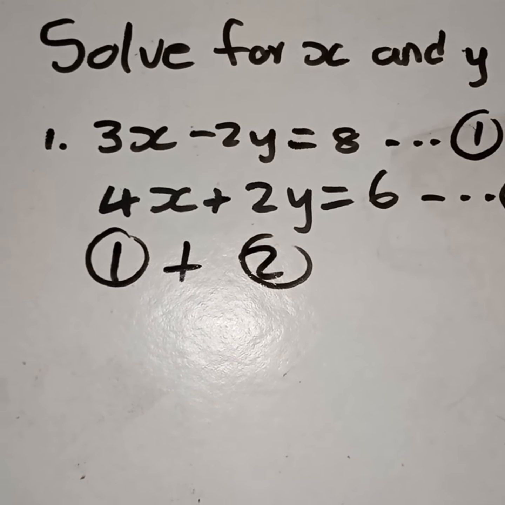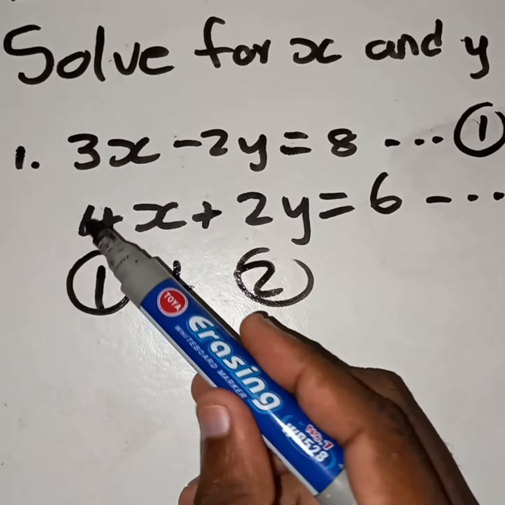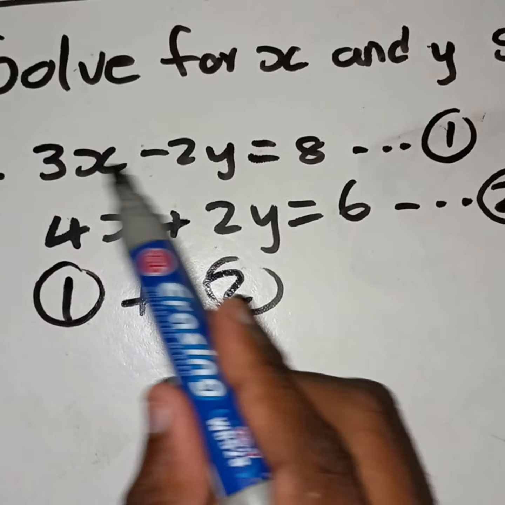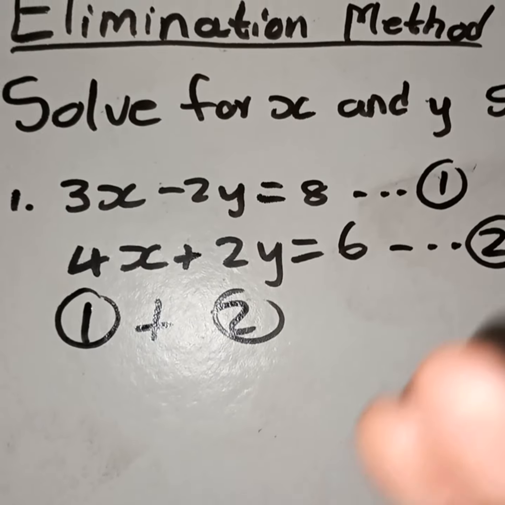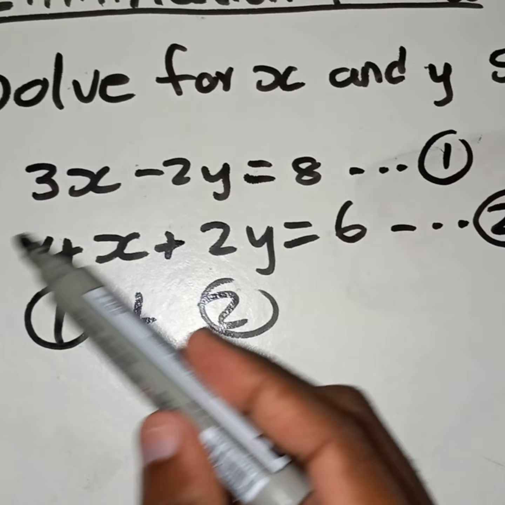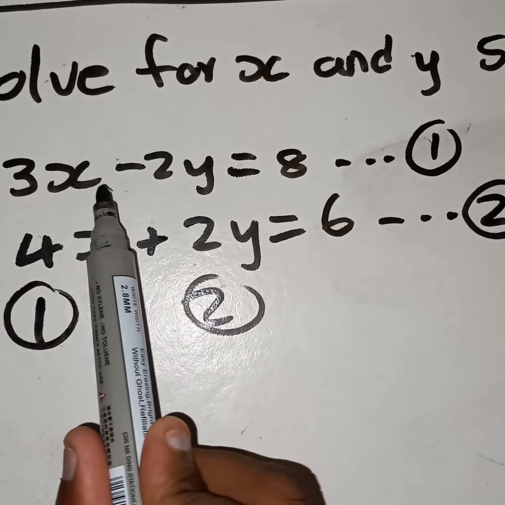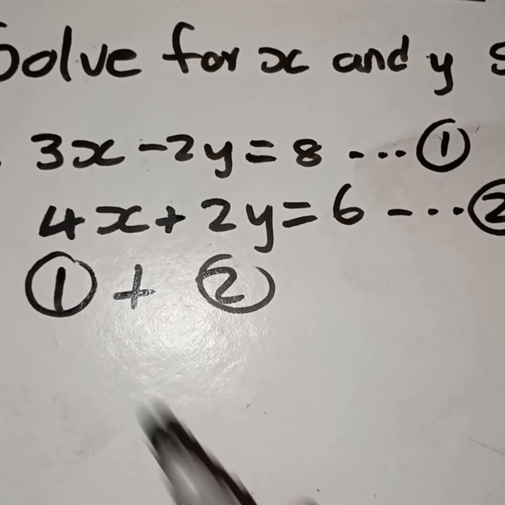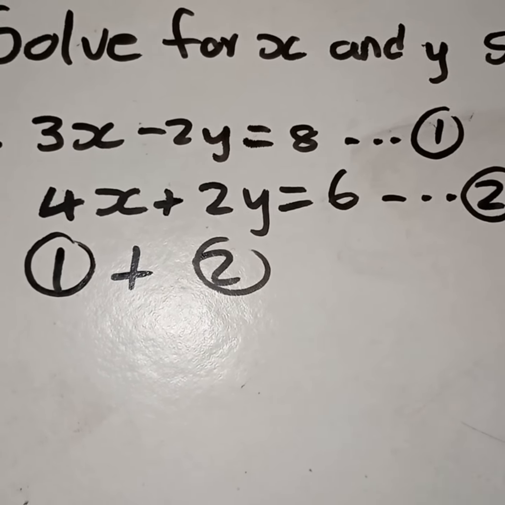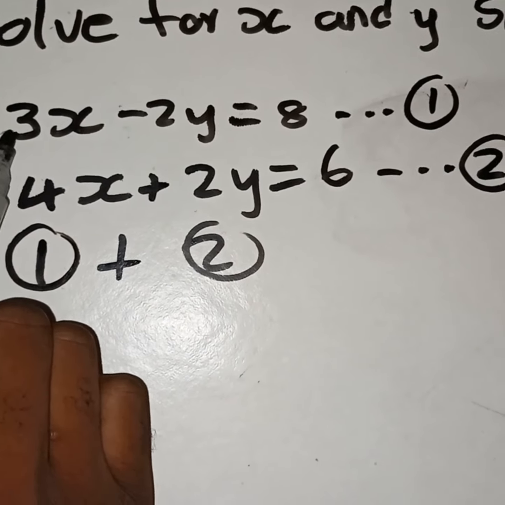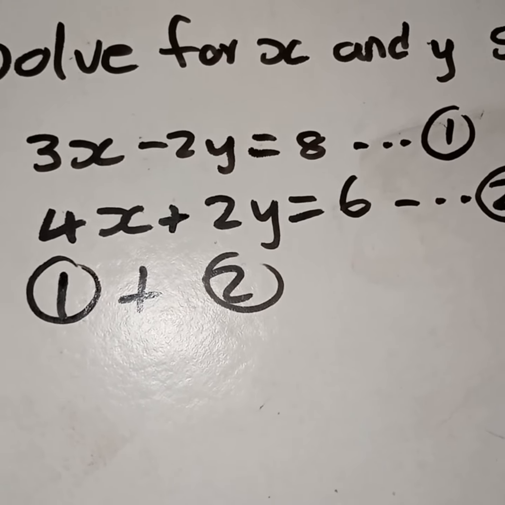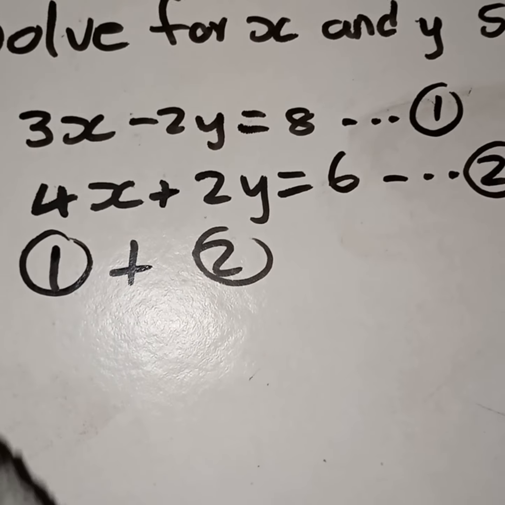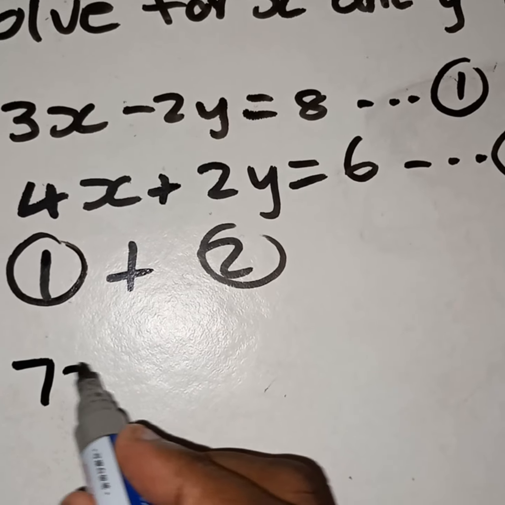If I'm saying we're going to add equation 1 and equation 2, the like terms will be grouped together or added up together. For example, if we have 3x and 4x, these are like terms because they share one variable. We're going to say 3x plus 4x, that will give us 7x.